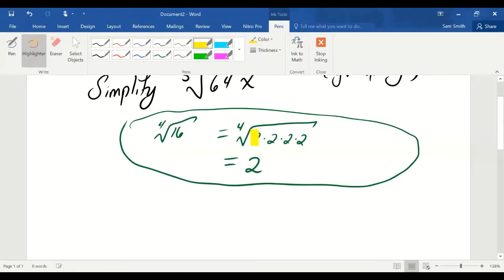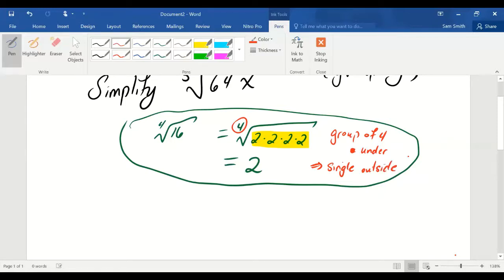And this group of four twos under the root can become a single 2 outside the root. Group of 4 under becomes single outside.